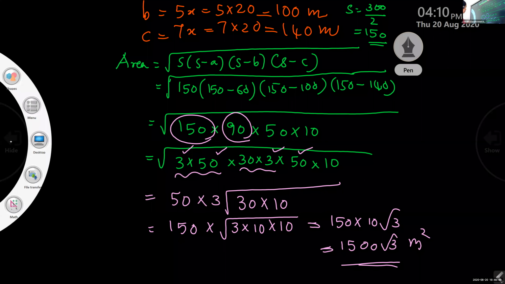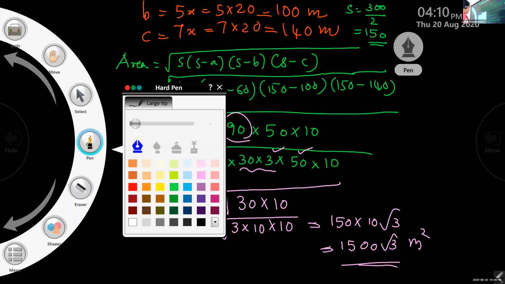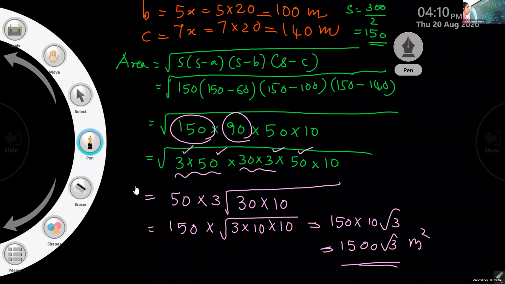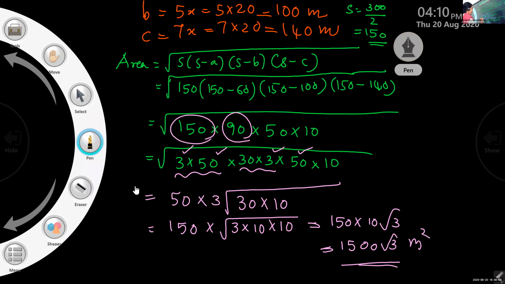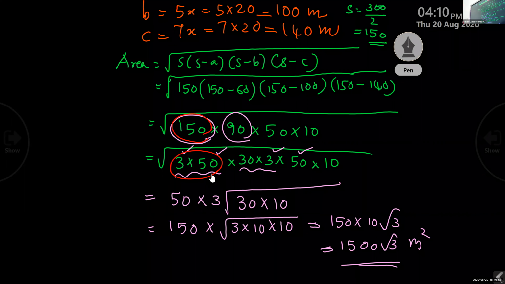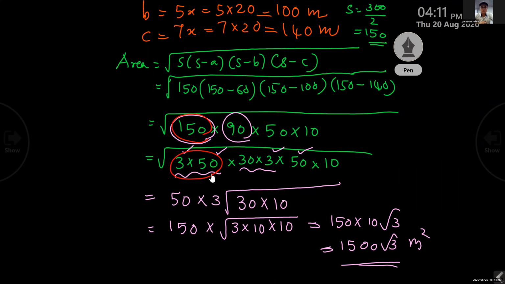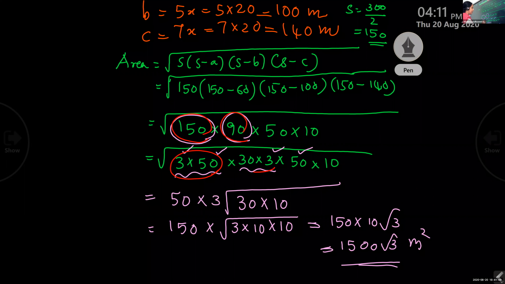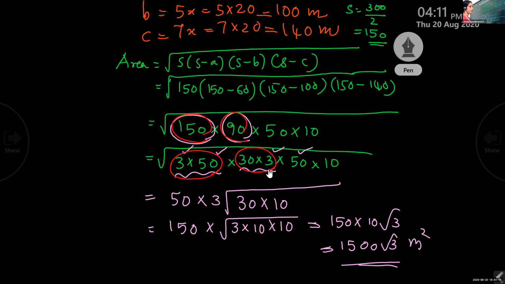See, children, I will explain it once again. See this. 150 I wrote as 3 into 50. Did you understand that? All of you? Answer me. Yes, ma'am. And 90 I wrote as 30 into 3. That much you understood?